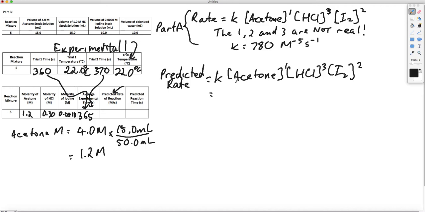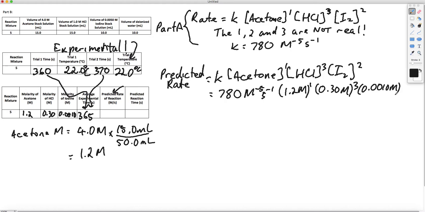And we're going to substitute in the values we got from part A. So that's 780 M^-5 s^-1 for k. Now the acetone, that's going to be 1.2 molar to the 1. And we've got the HCl, 0.30 molar to the 3, and 0.0010 molar squared.